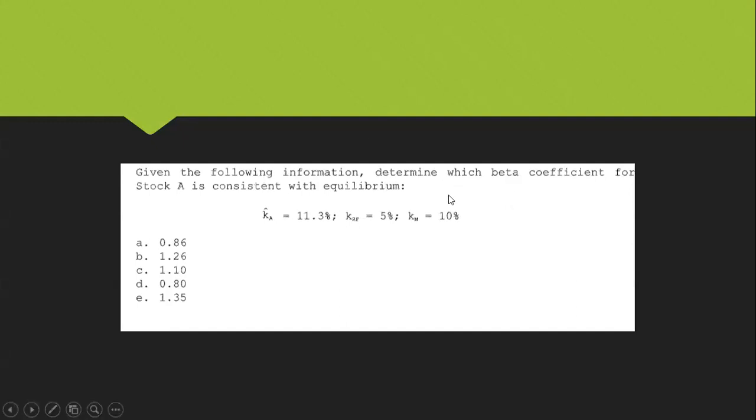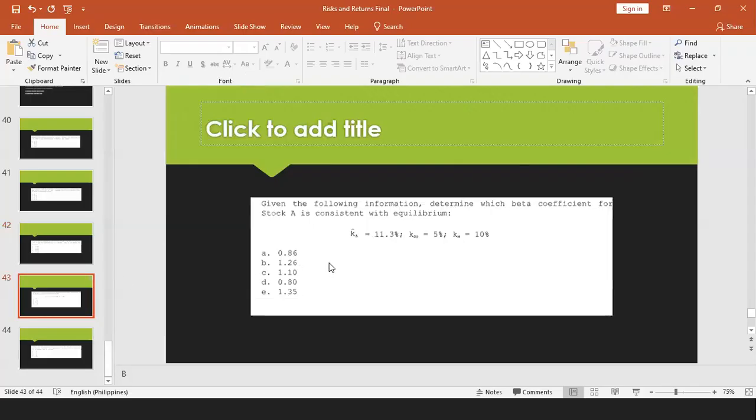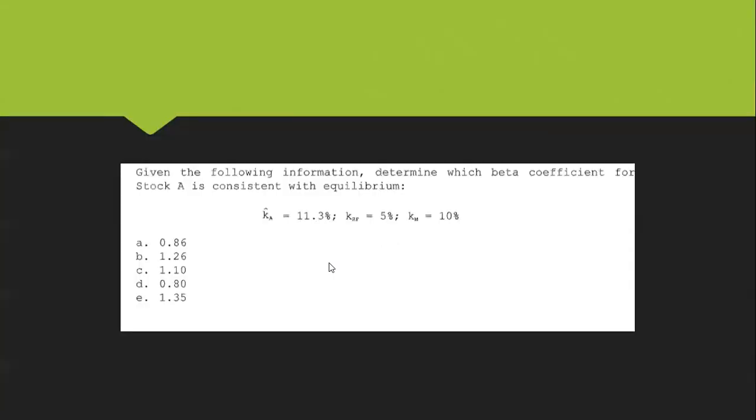So, this time, what's missing is the beta. Do you see this hat? Hat is the symbol above. So, K hat. K hat means the required rate of return. So, whenever there is a hat, it is the required rate of return. So that is what we will compute. What is our beta coefficient?